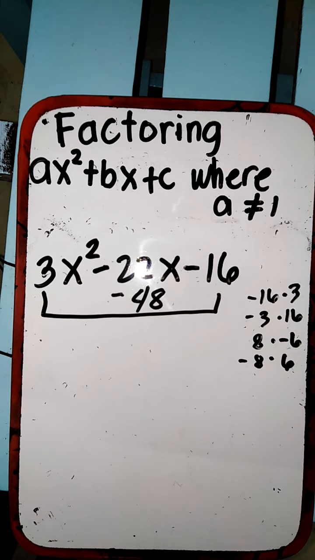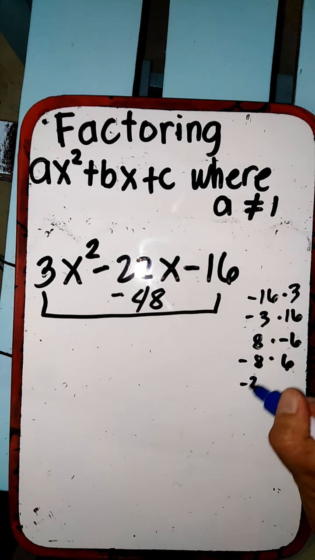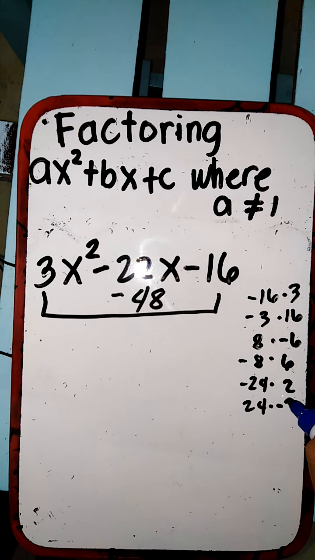We also have negative 24 times 2, and 24 times negative 2. We also have negative 12 times 4, and negative 4 times 12. Okay? So these are the factors of negative 48.